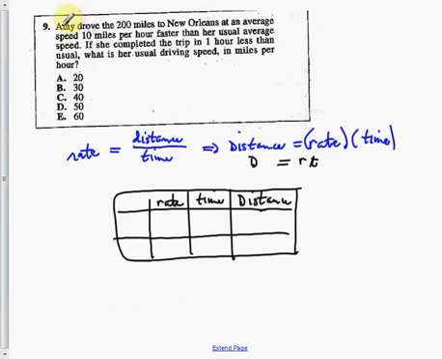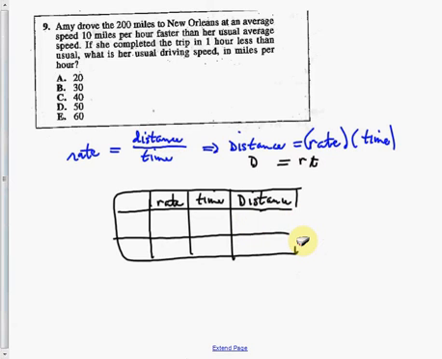So it says that here, Amy drove the 200 miles to New Orleans at an average speed 10 miles per hour faster than her usual average speed. So the distance is 200. Let me do this.